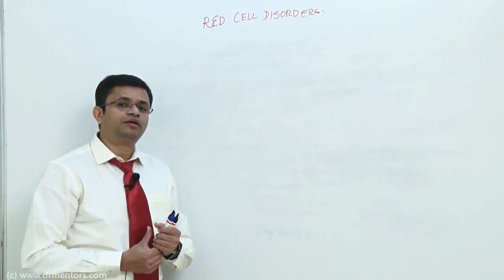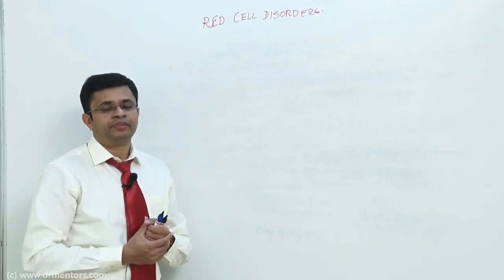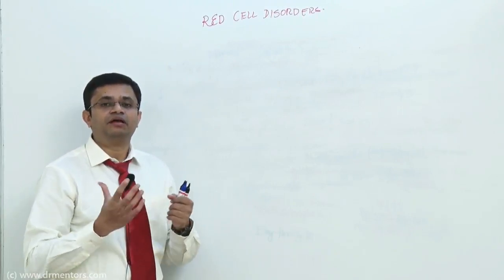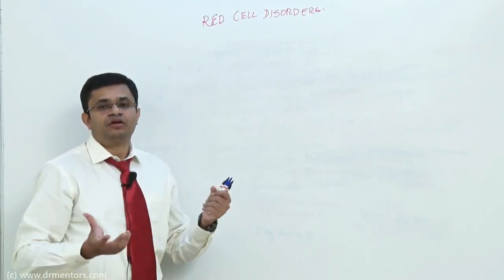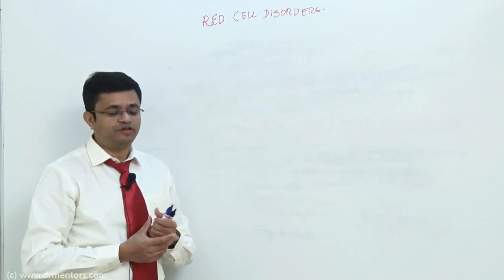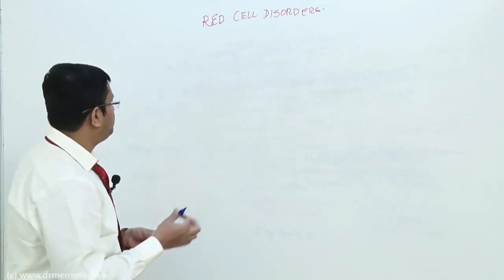Now we have one more thing to clarify. What is the normal lifespan of the RBCs, the normal lifespan of the platelets, and the normal lifespan of your white cells? We will try to clarify all these points.